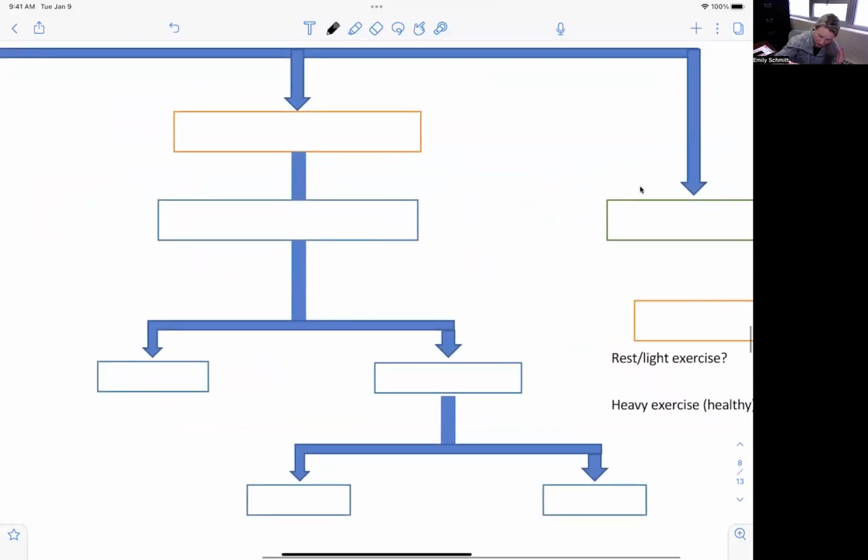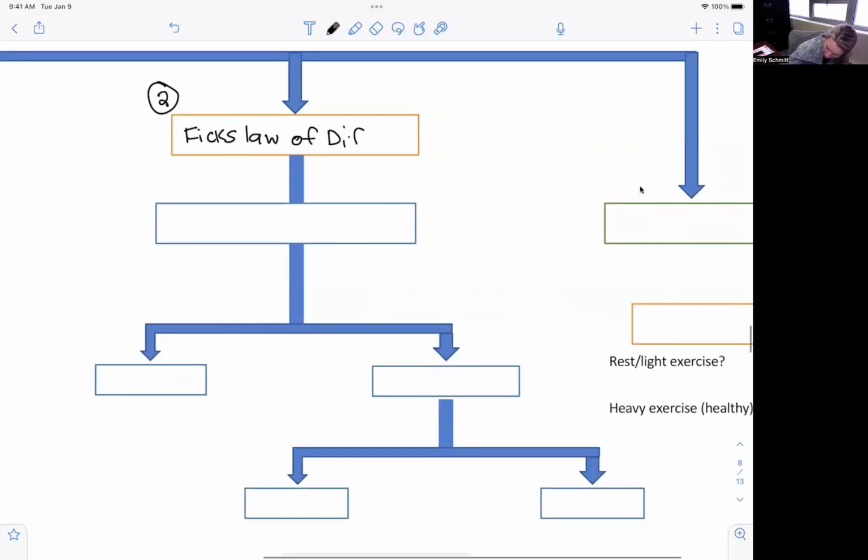The second component that I want to talk about, and this will be another lecture, I've got an awesome video to go along with this, is called Fick's Law of Diffusion. And so what we have here is gas exchange between the alveoli and the blood.